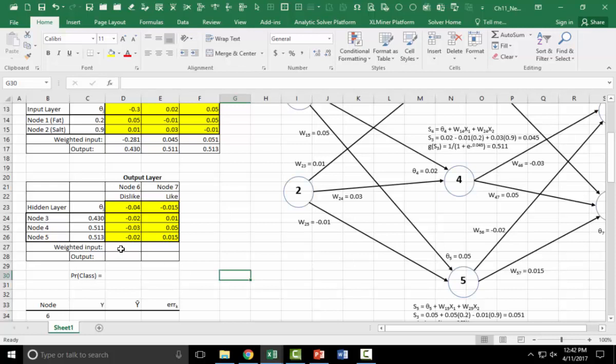Okay, now the weighted output. Okay, so the same formula like here, except that here the sum product would be different. So you will have D. Oh, let's just build it again.